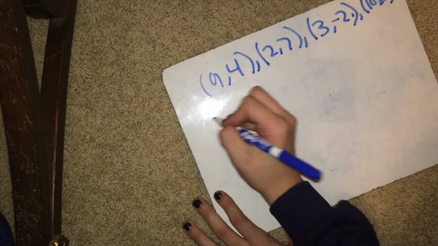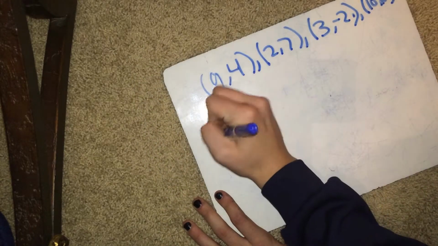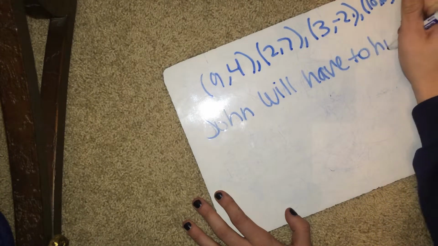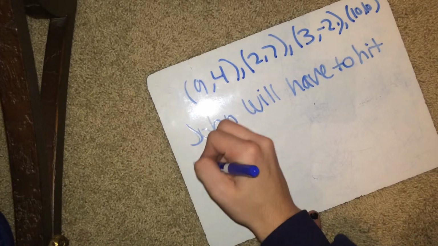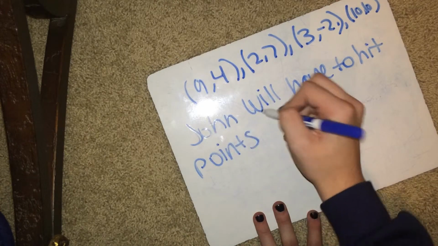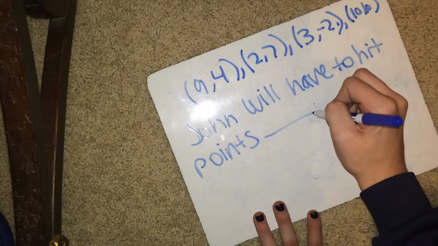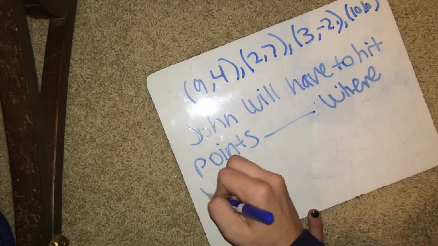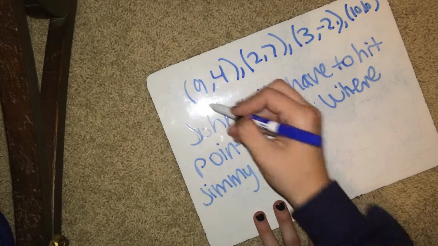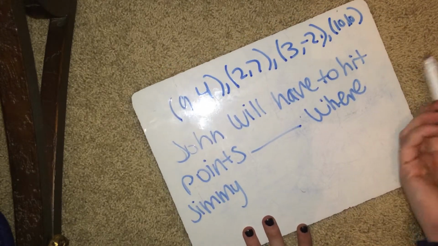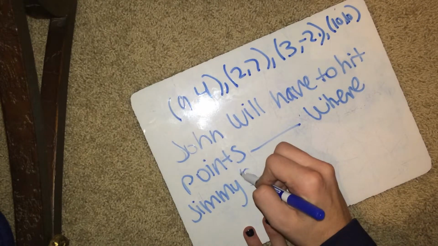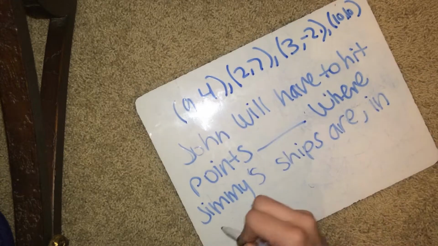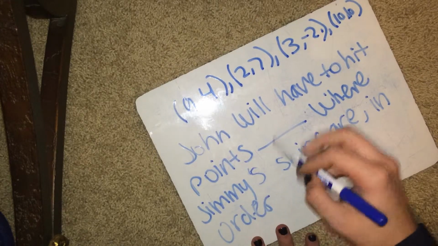So you're going to say that John will have to hit those points, and you would list them here, where Jimmy's ships are. That's what they are, where Jimmy's ships are, in order to sink them, because you hit them to sink them in the game.